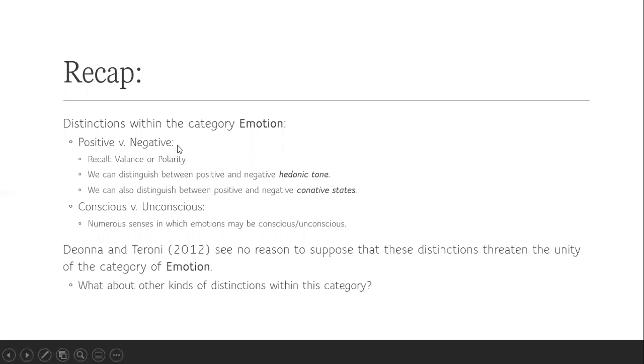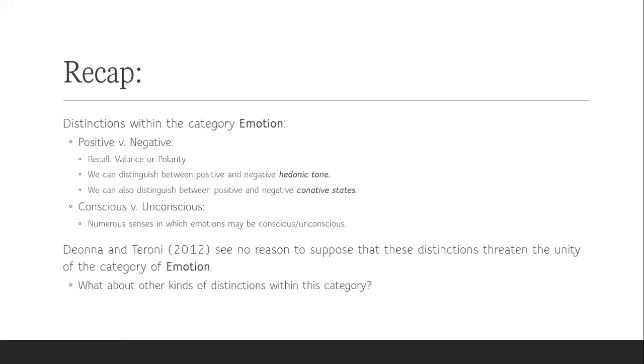Typically we understand this positivity or negativity as valence, or less commonly polarity. It seems intuitive that some emotions are positively valenced and some are negatively valenced. The simplest example is that happiness is positively valenced, sadness negatively valenced, or happiness has a positive polarity, whereas sadness has a negative polarity.